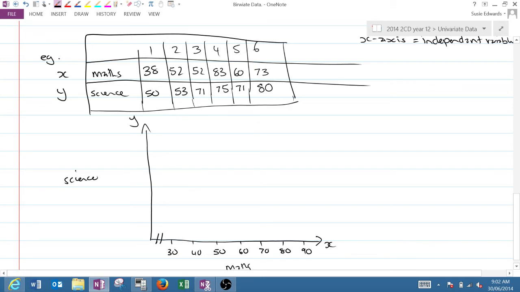And for science, our lowest score is 50. So again, I can break the scale and start it at 50. That's fine. You just can't break the scale in the middle. So I couldn't go up to 38 and then break it and then start again. Okay, you can only break it at the start. So we go 50, 60, 70, 80. And we try and have a title if we can, so maths versus science.